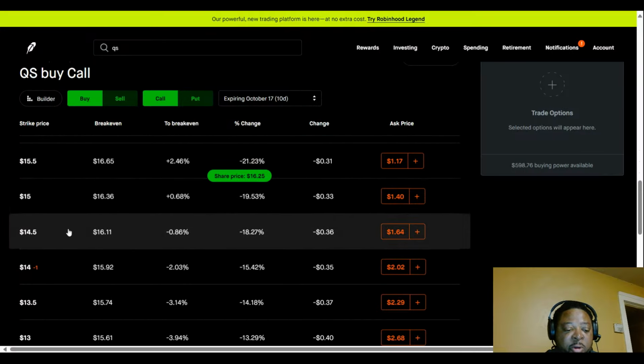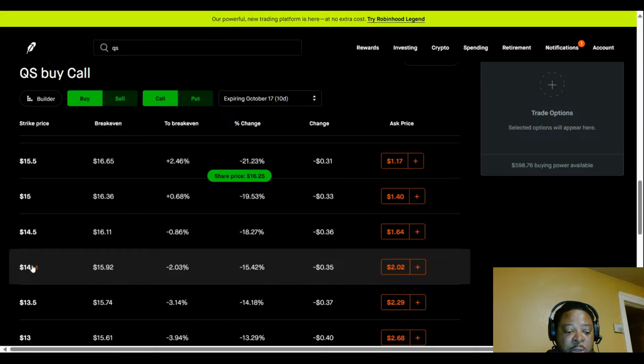Let's say you bought the $14 call option, and you spent $1,400 to buy the stock, plus the $175. That's $1,575, and let's just say minus the $16.25 per share. So multiply that by 100. So that's about $50. And I don't need the calculator to do that. So you made about $50. But you get my drift.